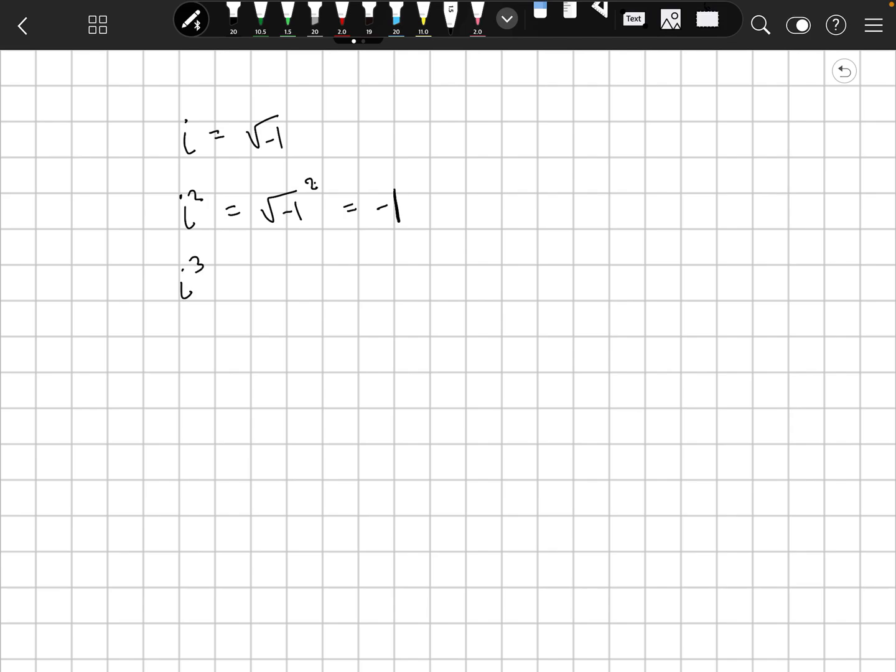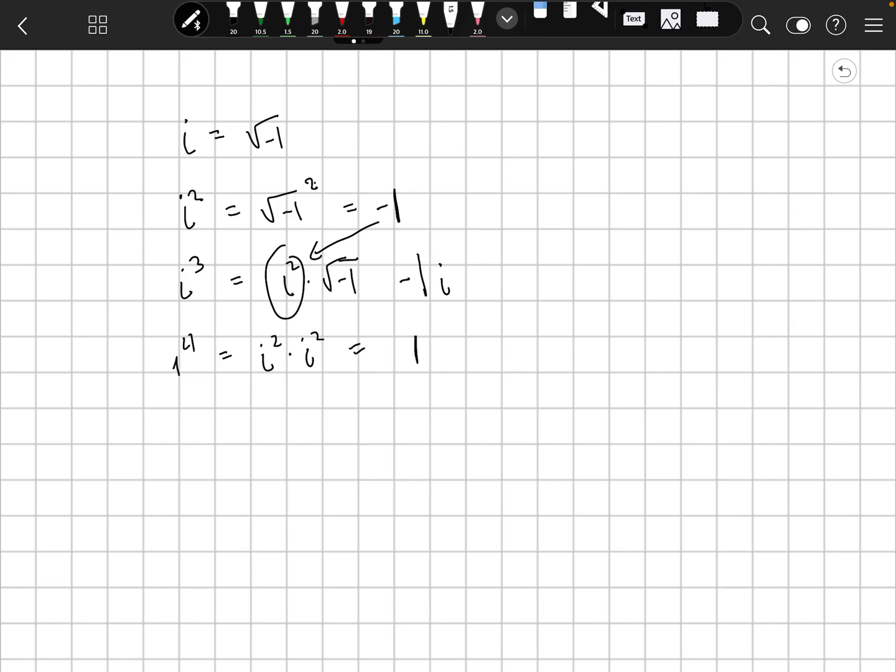Now if I had i cubed, we could say, okay, well that's i squared times i, and i is the square root of negative 1. So you might remember i squared we just said was negative 1, so it's negative 1 times i, negative i. i to the 4th, you could write it as i squared times i squared. And what is negative 1 times negative 1?